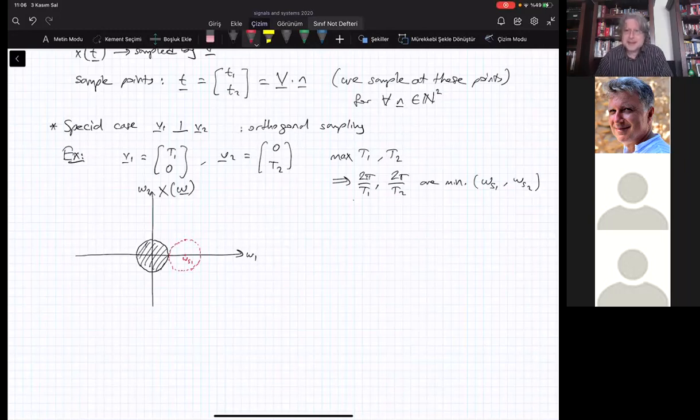So let me try to indicate the time domain sampling. The time domain sampling would be like this. So every point that I draw here, this is T2, this is 2T2.